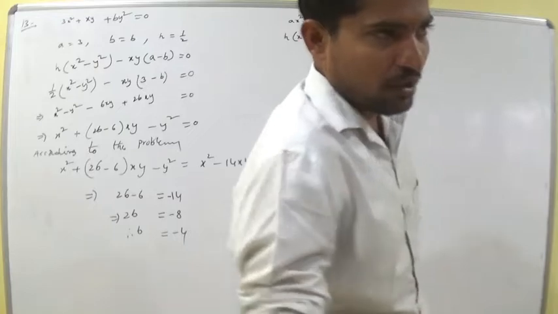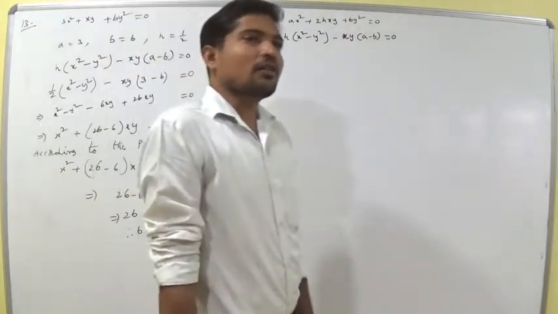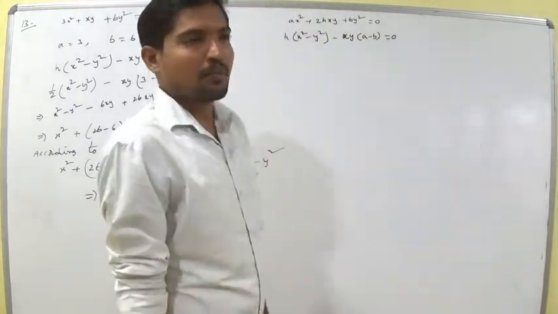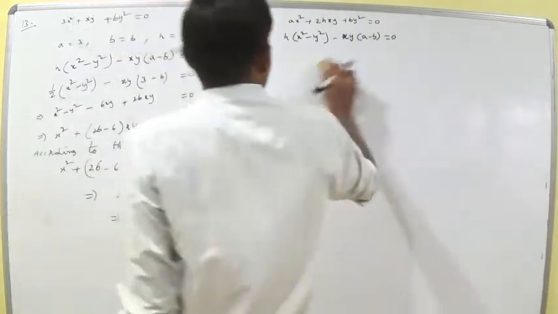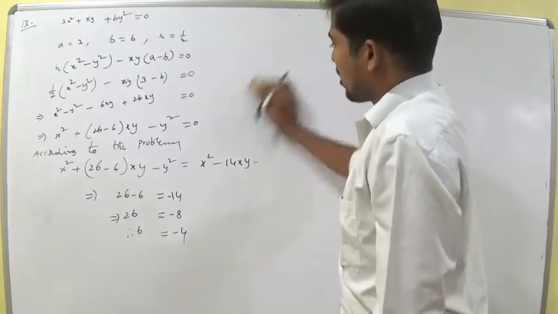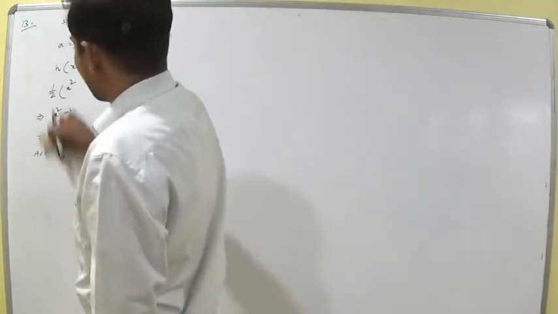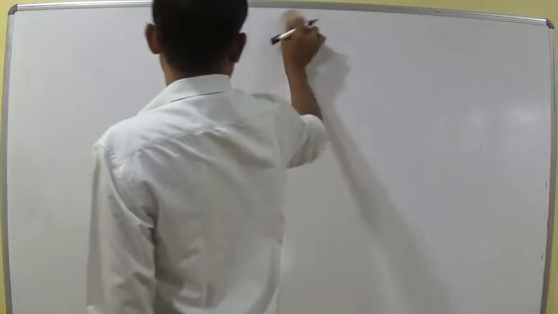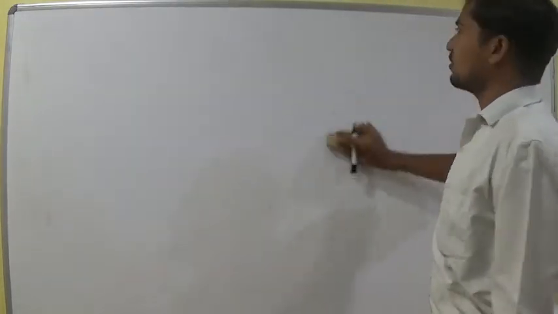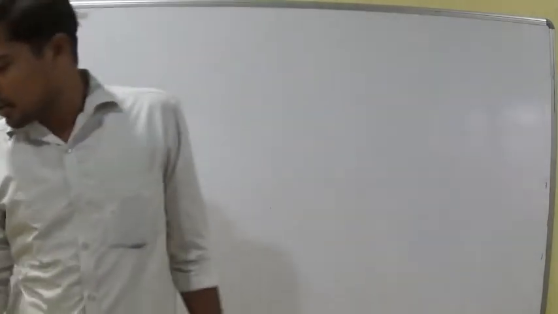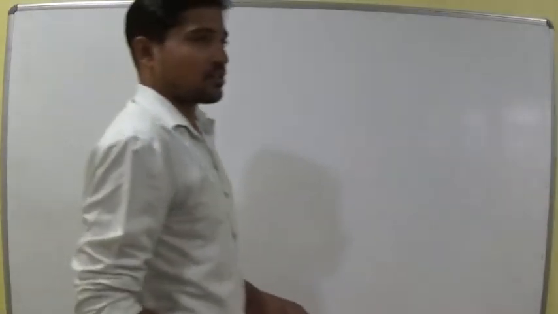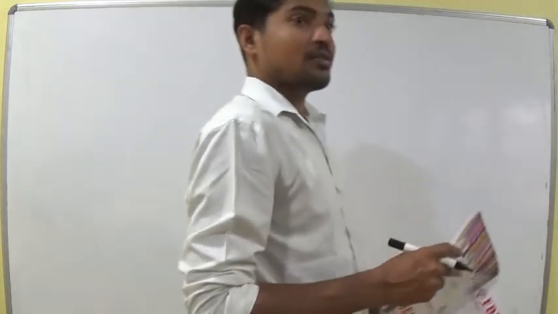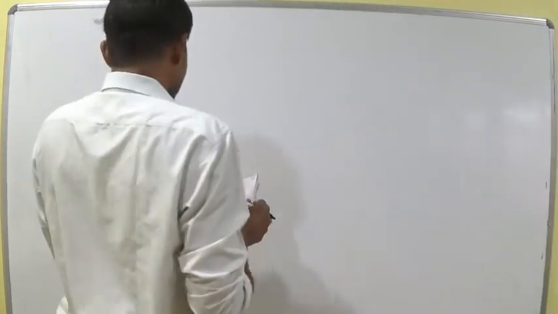So the area of triangle formula: if ax square plus 2hxy plus by square equal to 0 and the given line is lx plus my plus n equal to 0, then the area of triangle, which is denoted by delta, is equal to n square into square root of h square minus ab by modulus of am square minus 2hlm plus bl square. So let us write the equations.